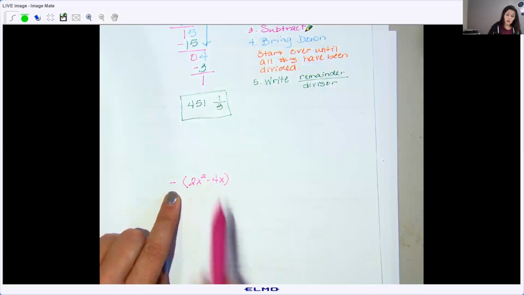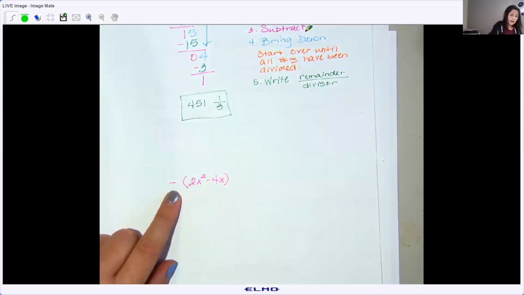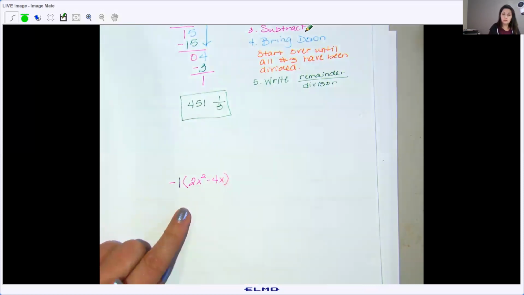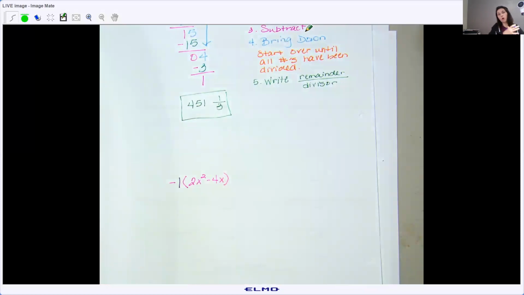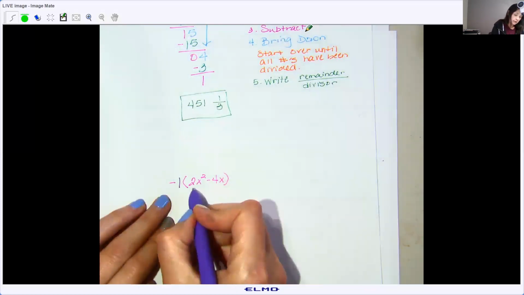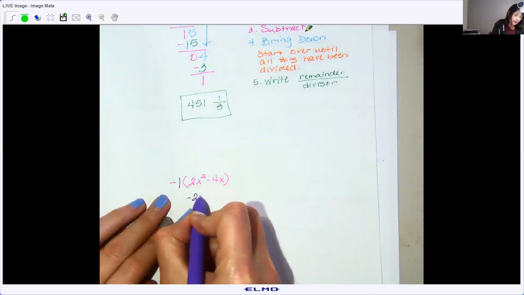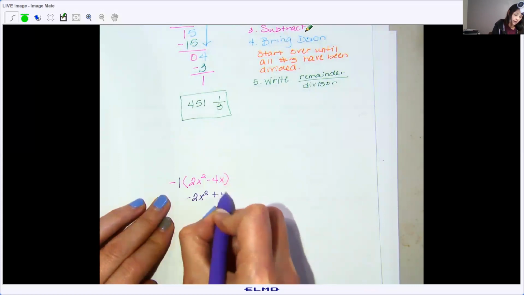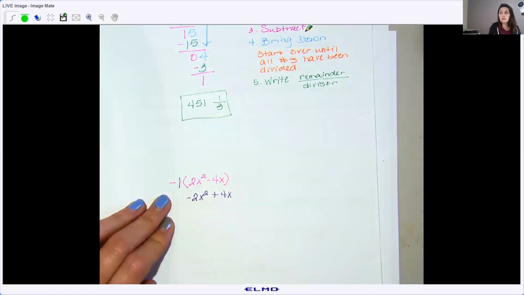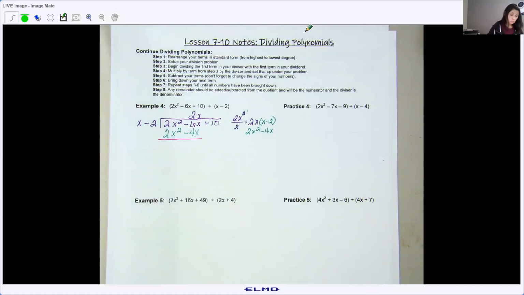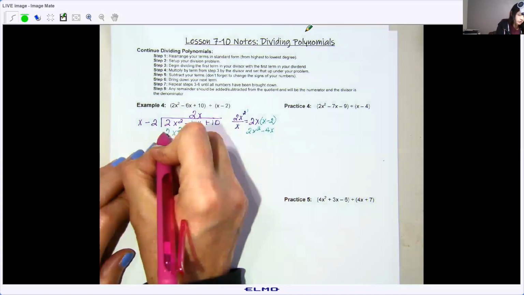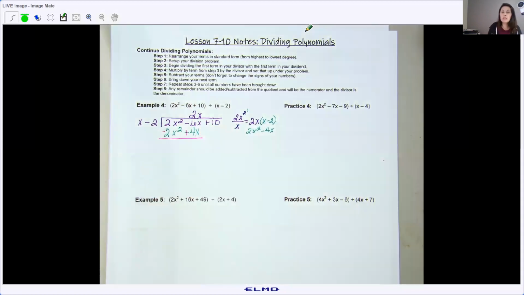And if you remember, this negative right here acts as a negative 1. And so you are distributing that negative to both terms. So really what we get is we're subtracting 2x squared and adding 4x. Okay? So in the problem, what I do is I just kind of change their signs, just like that.